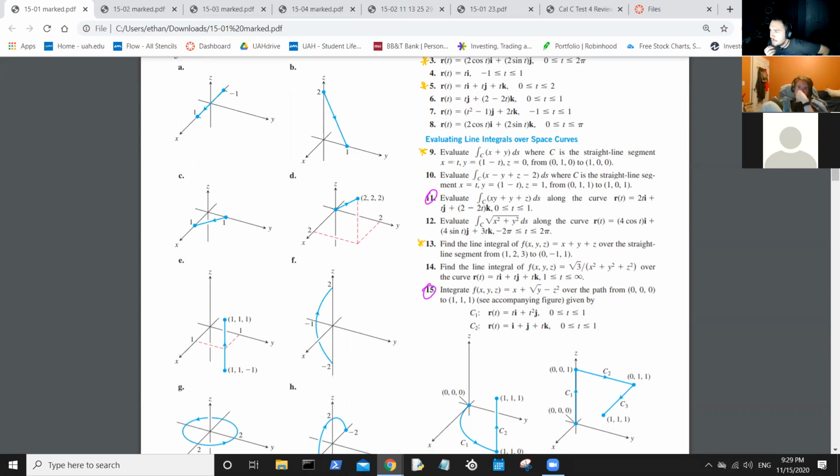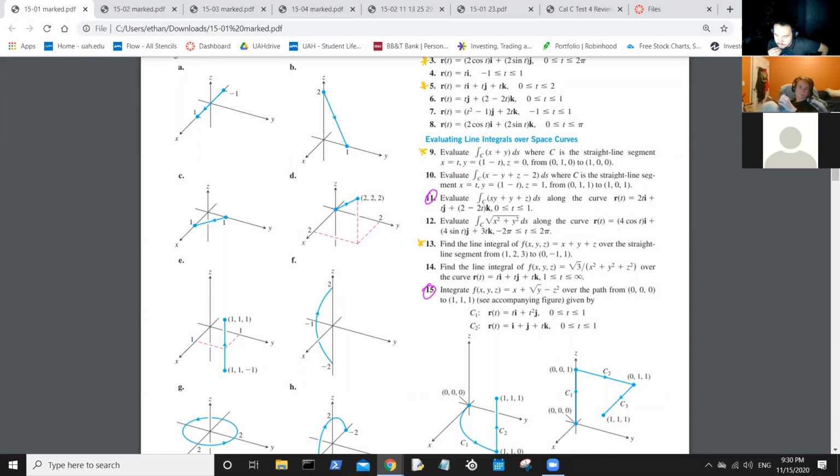From what I'm seeing, the line integral is from a to b of the function of h of t, g of t, times the magnitude of r prime of t, dt, where h of t is the coefficient on i in the original R, and g of t is the coefficient of j.